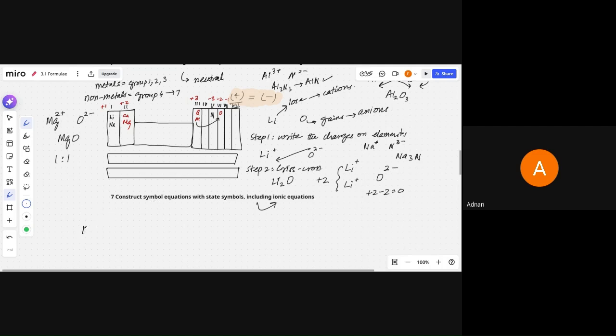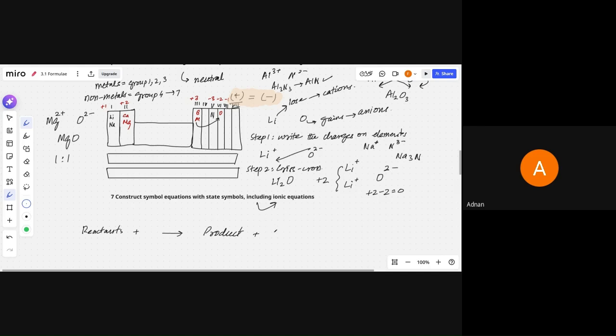Again, we have reactants on the left side, and if there is more than one, they are separated by a plus sign, and then the arrow, which gives us the direction of the reaction, and then you have the products. If you have more than one product, you use a plus sign to separate them.